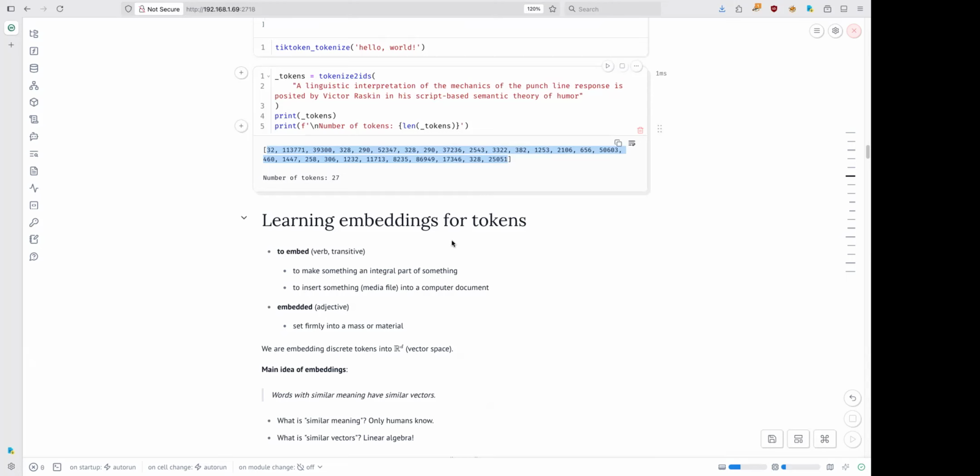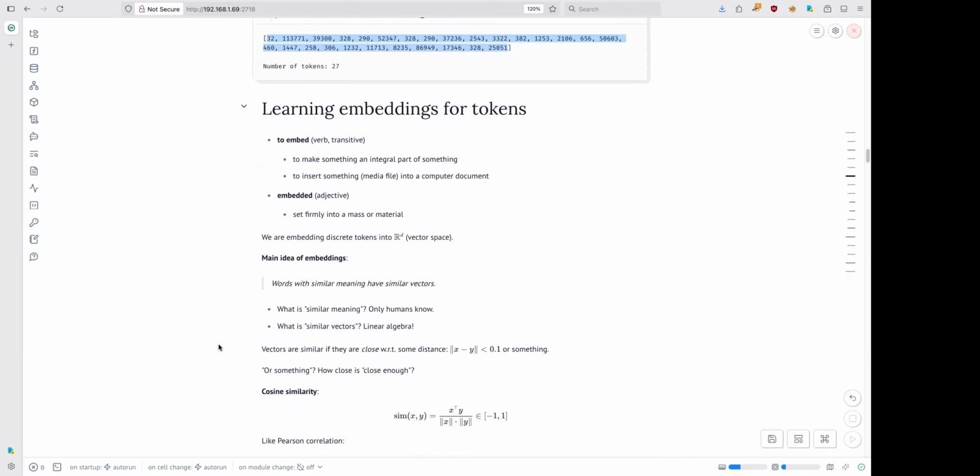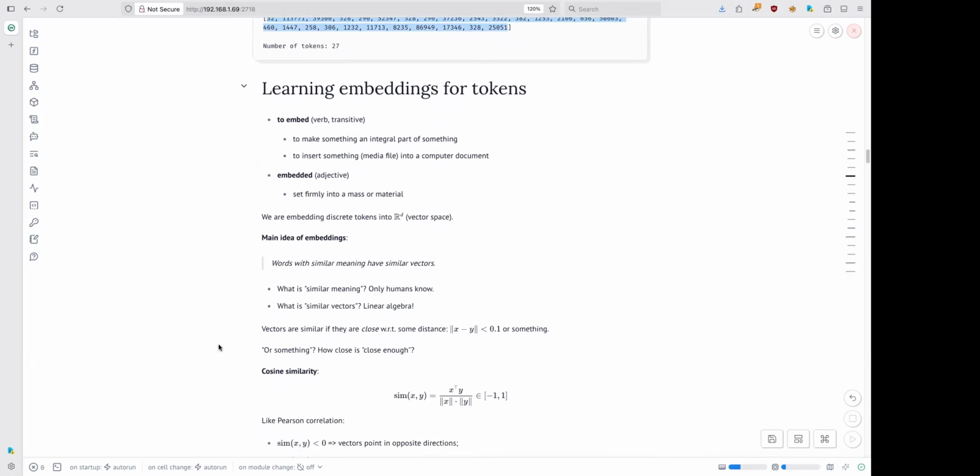So the main idea, the main purpose of embeddings, the main characteristic of embeddings is that words with similar meaning have similar vectors. Words with similar meaning have similar embeddings. Tokens with similar meaning have similar embeddings.